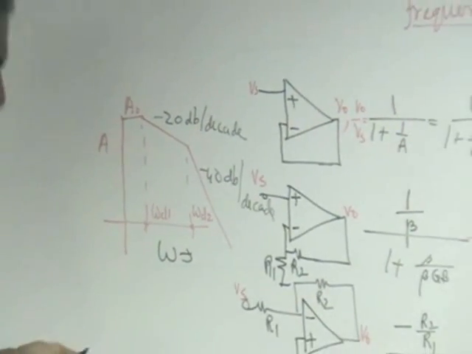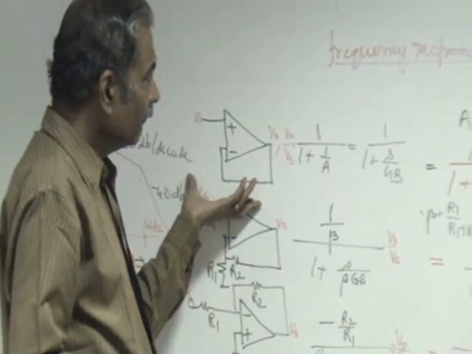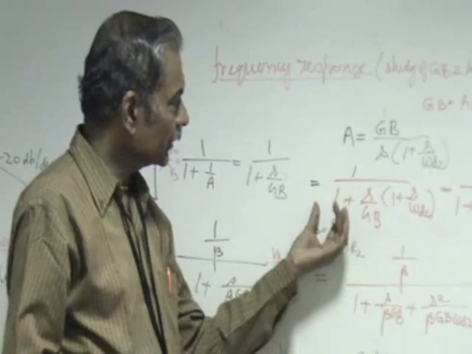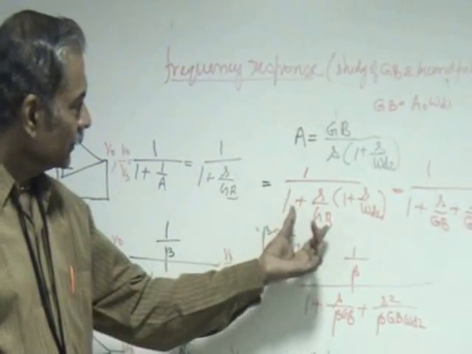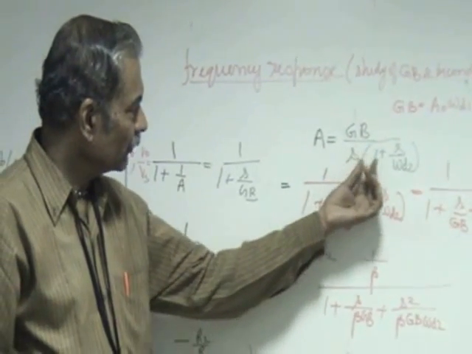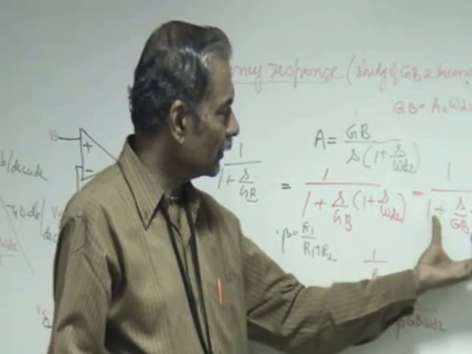So in this experiment, we are obtaining the frequency response of the feedback amplifier with both gain bandwidth product and the second pole taken into account. It becomes a second order system like this, and GB is replaced by GB divided by S into 1 plus S by omega D2, and you get transformed to a second order.